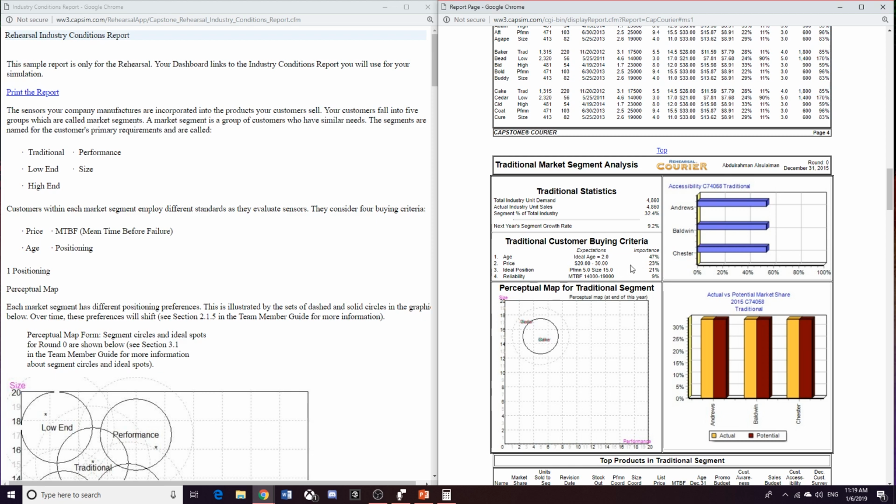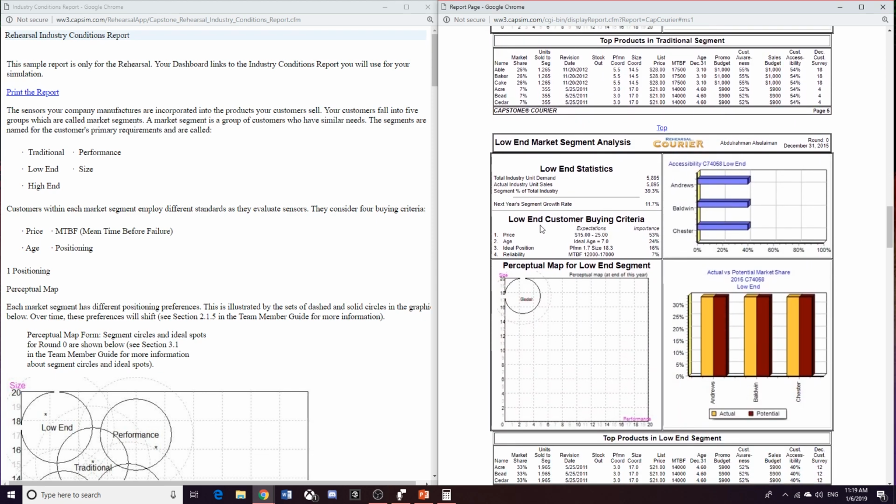If you go here to low end, price is number 1, and the importance is 53%. Price is very important in the low end segment. They want cheap prices. You see here, they want prices that are between 15 and 25. So you want to keep your product cheap in here, because if you want to sell a lot, you want to keep your product cheaper than others, to have the best product.